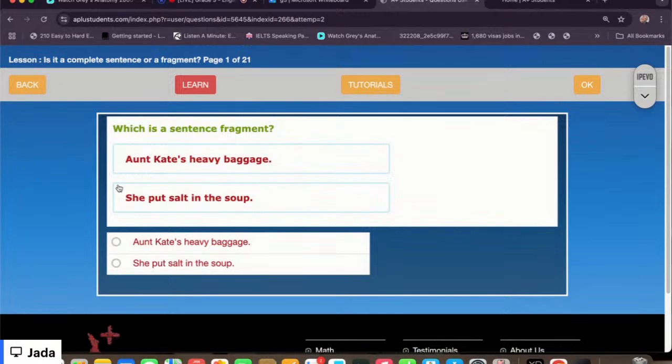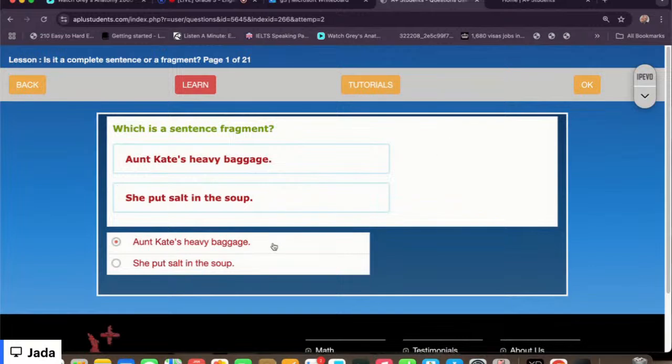So you can send your answers in the chat.